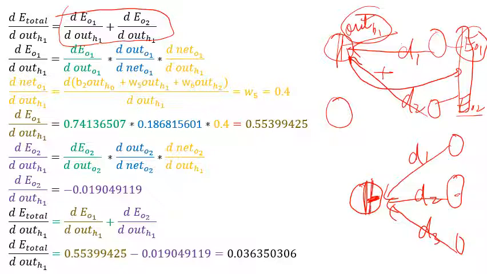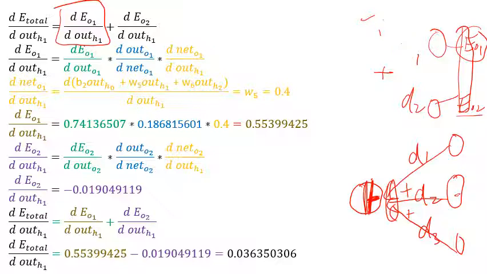So the total derivative that you are getting is nothing but a summation of d1 plus d2 plus d3, right? So this is the same logic we have applied here. So let's calculate one by one these both terms, right? So first calculate the derivative of EO1 with respect to out H1, right? So let me draw it again so that it looks clear to you.